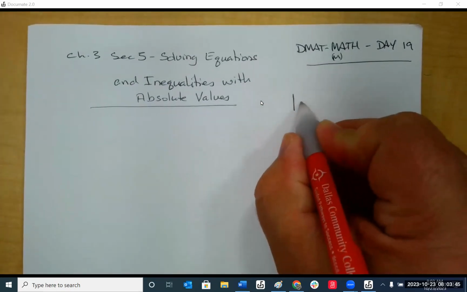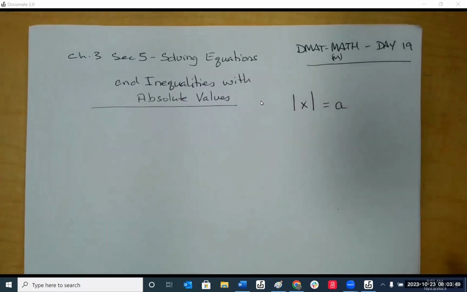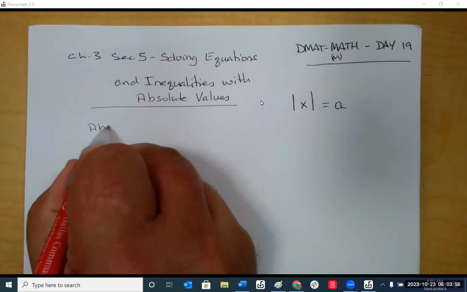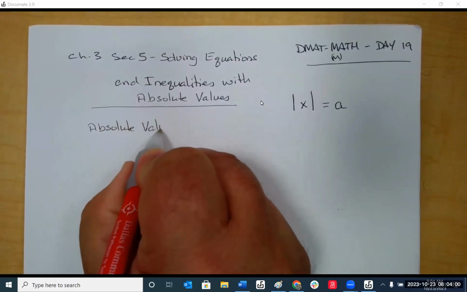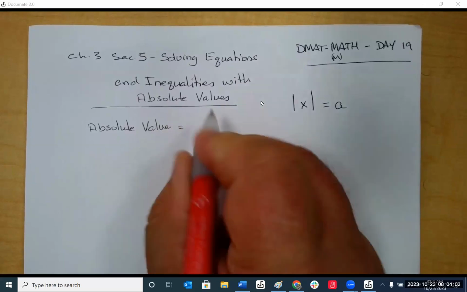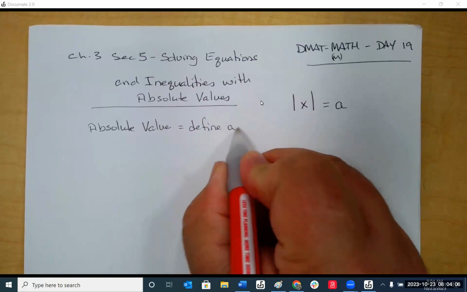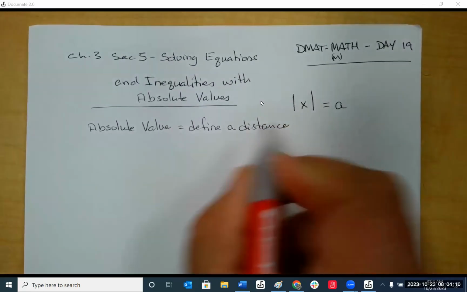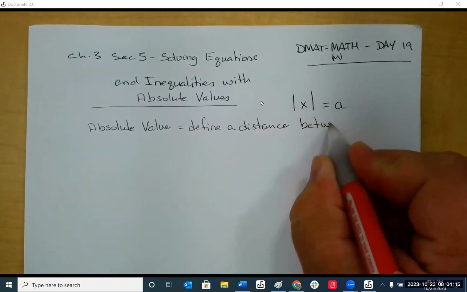Absolute values look like this, equals some number A. Now, what absolute values do is define a distance between 2 points or between two numbers.